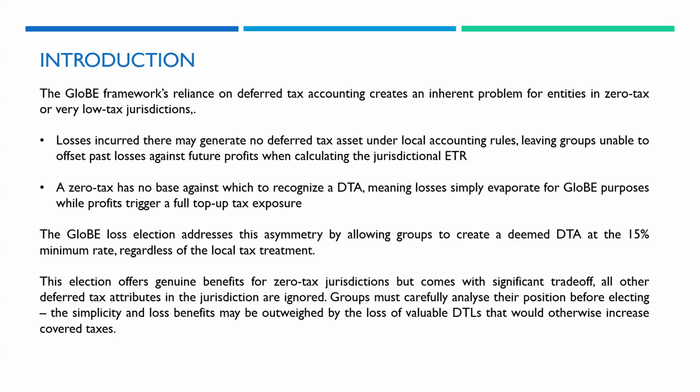So that is why this GloBE loss election would make it 15% nevertheless. Even if you have a DTA in your books, or if you don't have a DTA in your books, if you genuinely incurred a loss, which is a GloBE loss, you will get it to 15%. Clear? But this election you have to take. Yes or no? Clear, not clear?